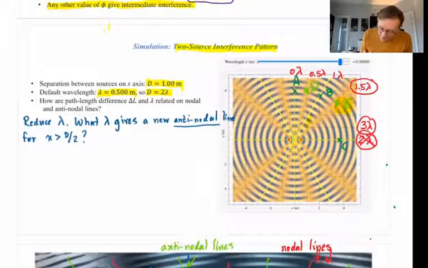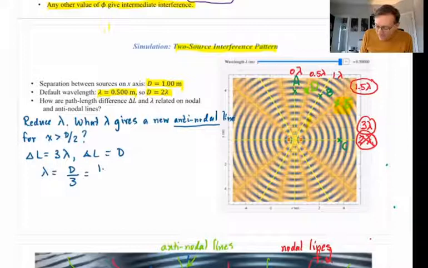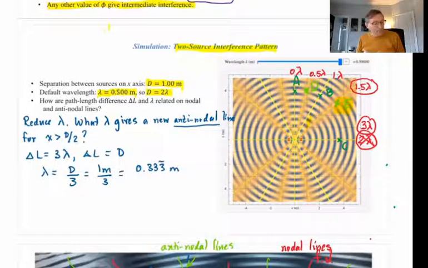So I want delta L to be 3 lambda for fully constructive interference, and I'm constrained by the geometry over there at point C for delta L to be d, so I need d to equal 3 lambda, so I need lambda to equal d over 3. d is 1 meter, so I need the wavelength now to be 0.333 meters.